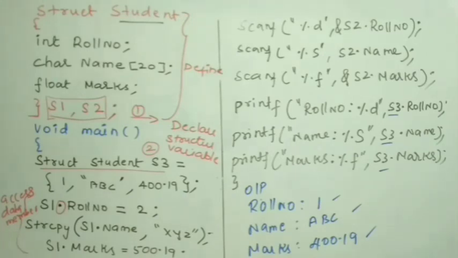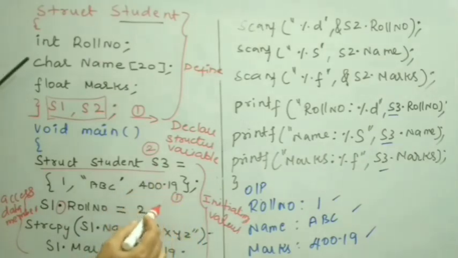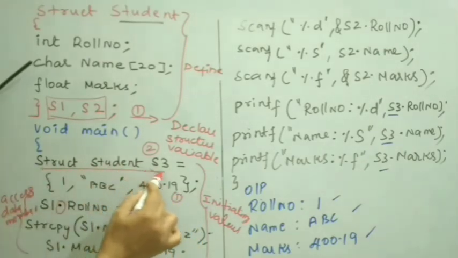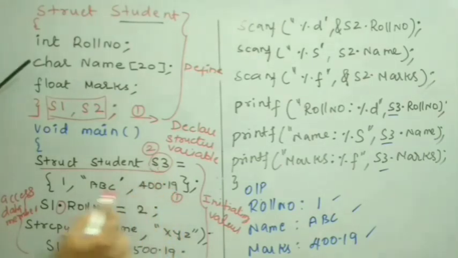If I want to initialize values for the structure variable, how to initialize them? During compile time I may initialize values. That is, when I am declaring the structure variable, there itself I may initialize values for it.